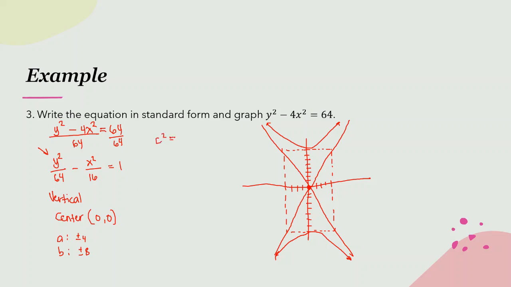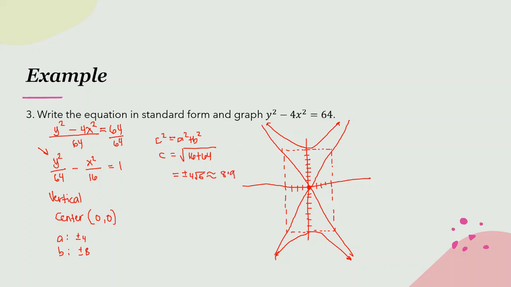So c is equivalent to the square root of a squared plus b squared. So that is the square root of 16 plus 64, which is equivalent to positive negative 4 square root of 5, or approximately 8.9.